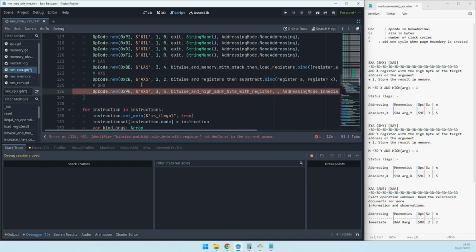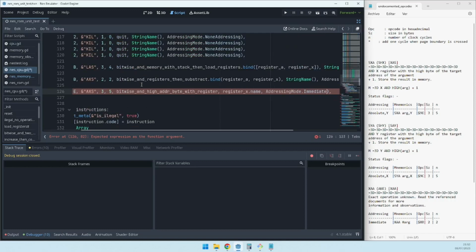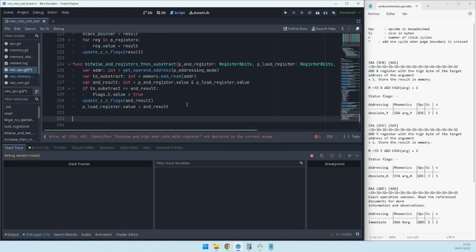I suppose. So we pass the register X and the absolute Y. Stupidly specific.